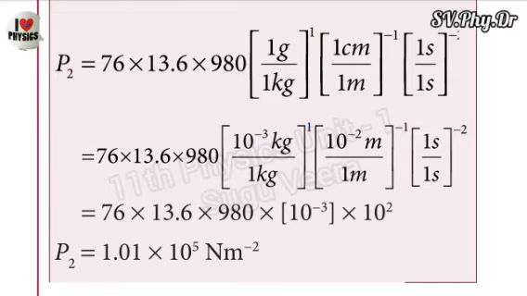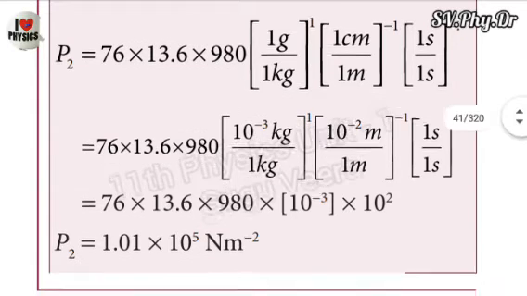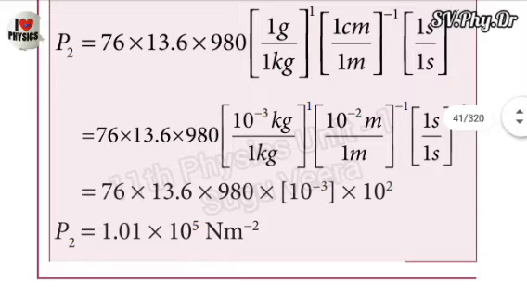First of all, the numerator CGS value is converted into the SI system. So 1 gram is equal to 1 by 1000 kilogram, that means 10 to the power minus 3 kg, and 1 centimeter is equal to 1 divided by 100 meter, that means 10 to the power minus 2, and time is 1 in both systems, the same value.